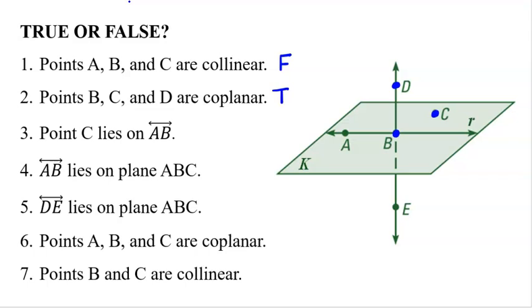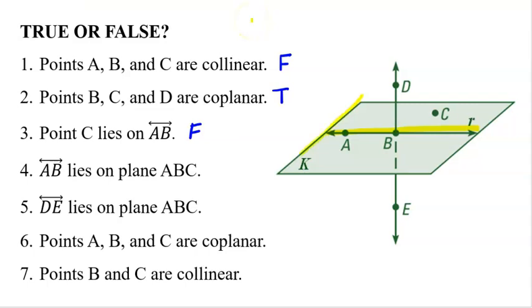For number 3, it says point C lies on line AB, and when I'm looking at line AB, which is this line right here, it does not go through C, and so that's going to be false. And it says for number 4, line AB lies on plane ABC. So that's just saying, does it lay on that plane? And in that case, it's going to be true.